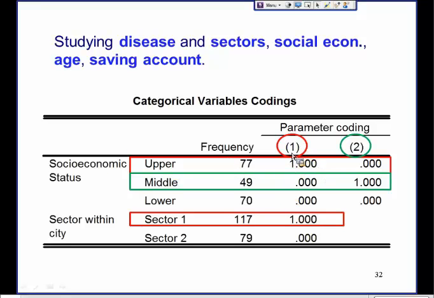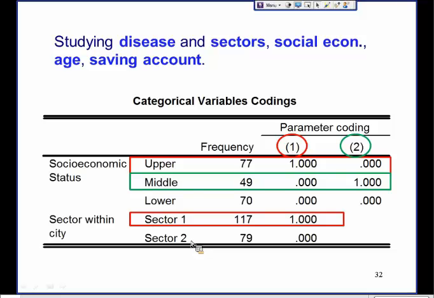The parenthesis 1 variable indicates upper socioeconomic status, and parenthesis 2 indicates middle class. The lower level doesn't have an indicator variable, which means the lower level is the so-called base class. Remember we code 1 for sector 1 and 0 for sector 2, so sector 2 becomes the base class.